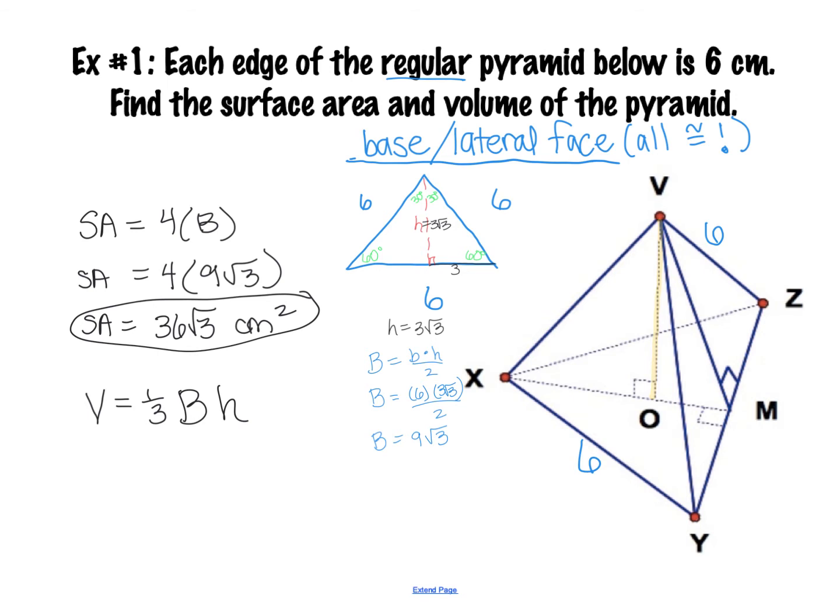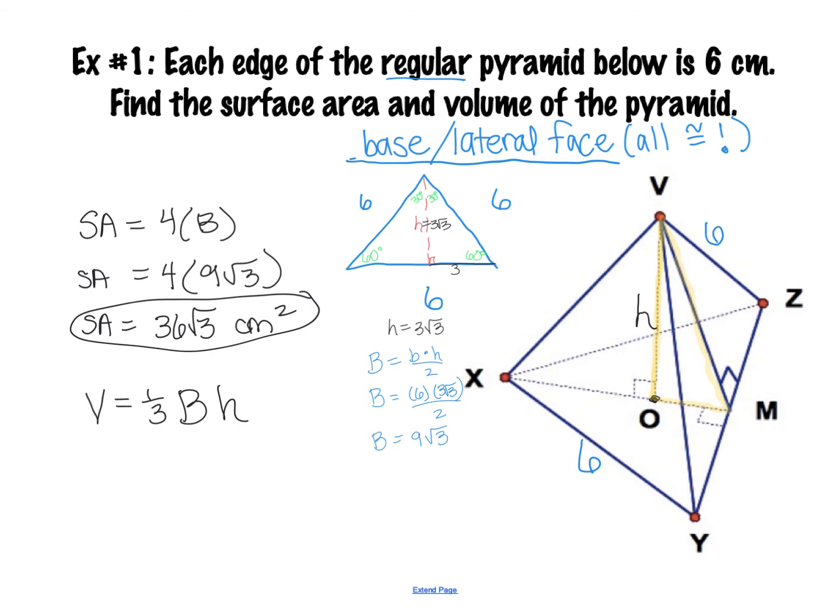So let me start here. Point O, as I mentioned in the previous slide, is the centroid of this triangle. Okay, so if I knew the length of segment XM, that could somewhat help me to eventually find the height, because where I'm going with this is we will be taking a look at this triangle and using Pythagorean theorem at the end, which will help us find the height.